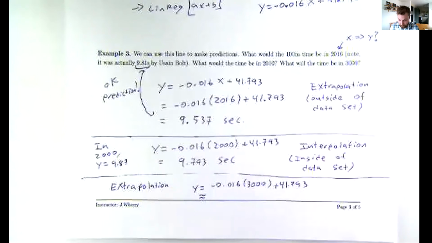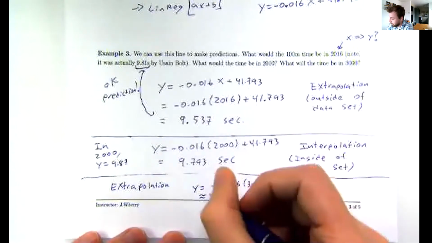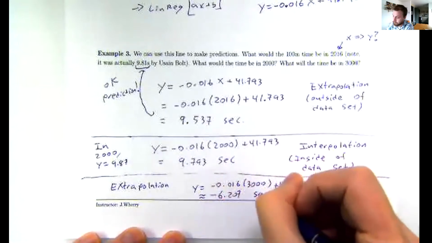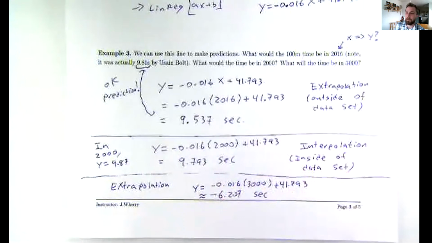But let's type it in all the same and see. I got negative 6.207 seconds. So in the year 3000, they're going so fast that they're going backwards in time. That doesn't make any sense in the context of the problem.